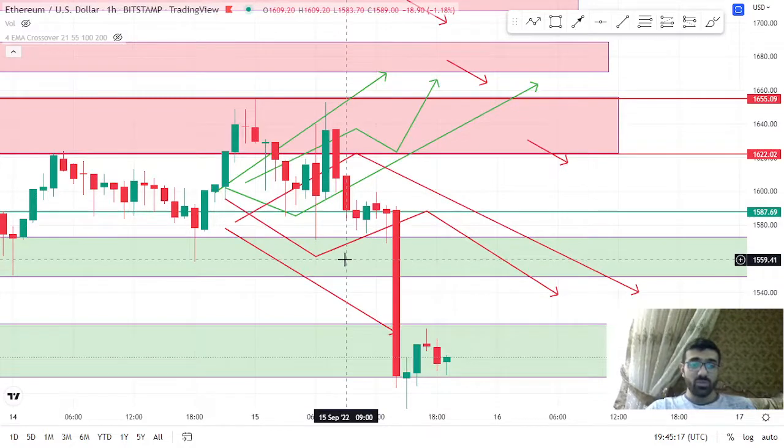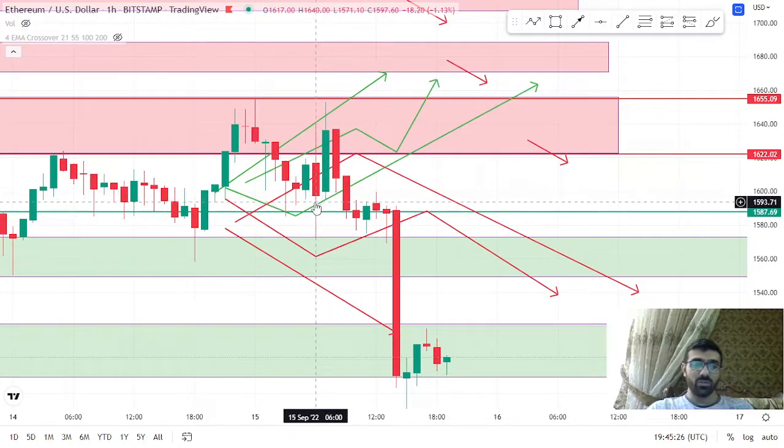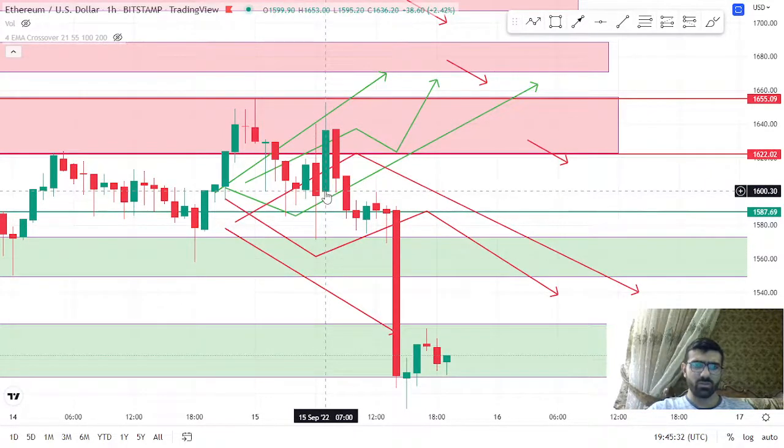Then we gave you a buying scenario. If market tested this support zone, then you had to go long. But if you were a risky buyer, then you could have gone long from here and you could have made a good profit till here.